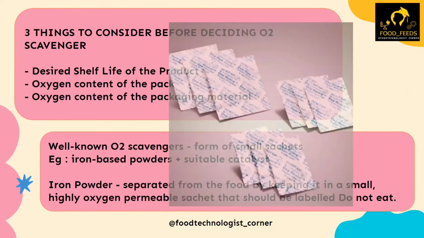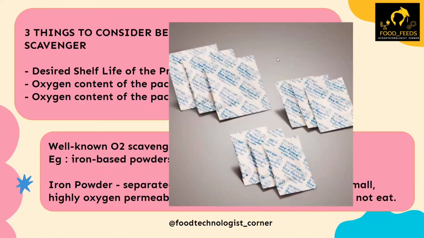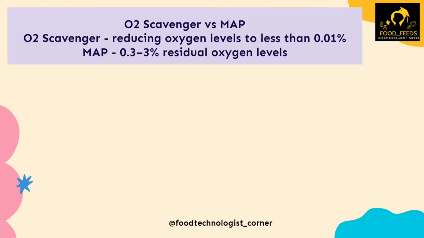You can see here, I think you must all have seen this in one or the other packaging products. They will mention this do not eat label on these sachets. The major advantage of this type of oxygen scavenger, that is in the sachet form, which includes these iron powders, is that it is capable of reducing the oxygen level to as little as 0.01%.